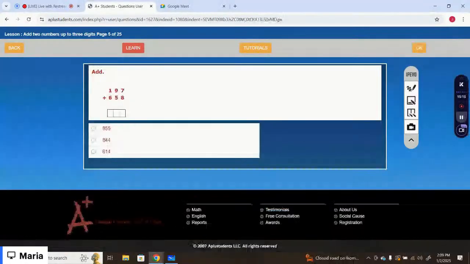The next one is 197 plus 658. So which is the correct option?